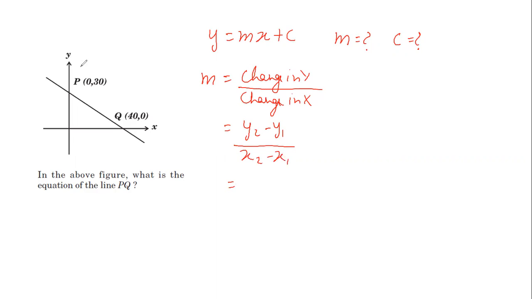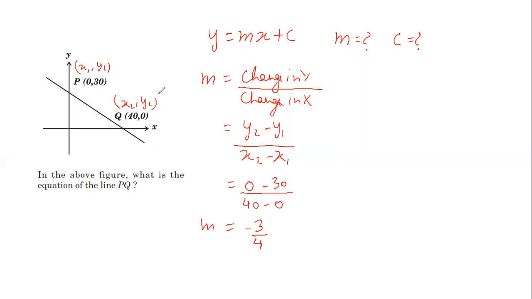In this case, I can say this is x1 comma y1, and this is x2 comma y2. So y2 minus y1 is 0 minus 30, over 40 minus 0. So the slope comes out to be minus 3 over 4.